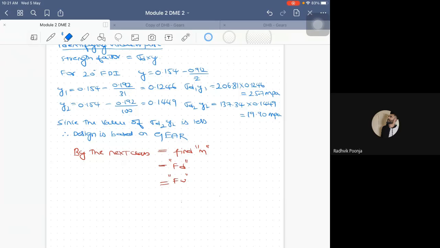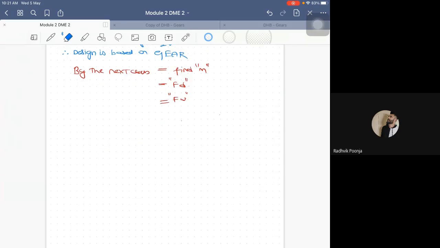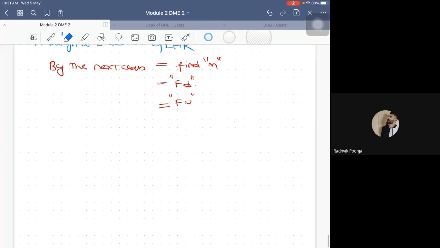So should I solve it once again here in the class, or shall I continue after the module calculation?